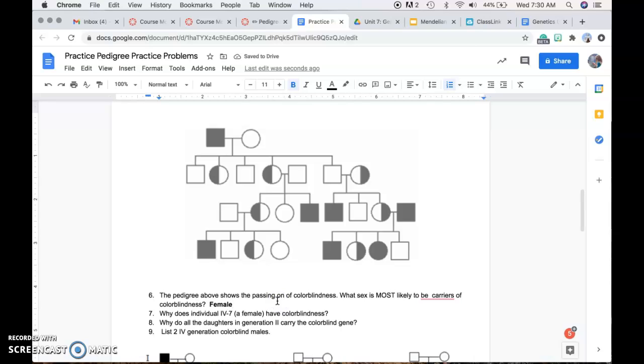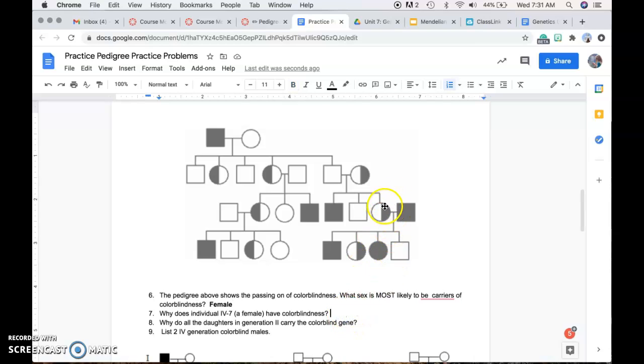Why does individual 4-7, a female, have color blindness? I need to go 1, 2, 3, 4, then 1, 2, 3, 4, 5, 6, 7. So why does this female have color blindness? Well, I need to look at her parents. Her dad is colorblind and her mom is a carrier. That means she inherited 2 recessive alleles.